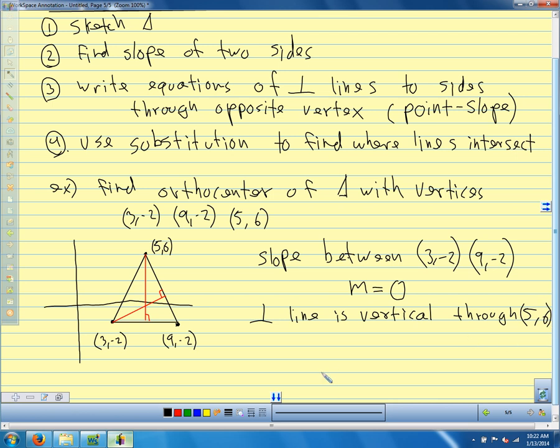So what's the equation of a vertical line that goes through the point (5, 6)? On this line, does x ever change? If I'm going straight up, x never changes. So the vertical line is x equals 5. That's the equation of a vertical line, x equals something. So the equation of this line is x equals 5.